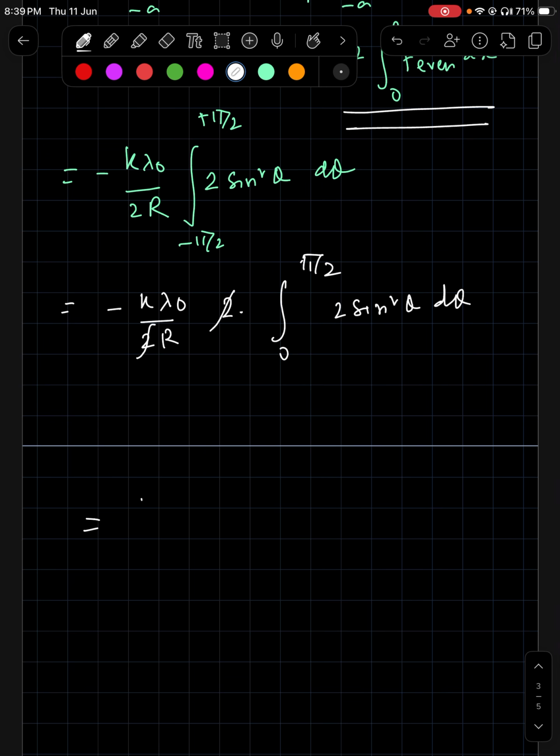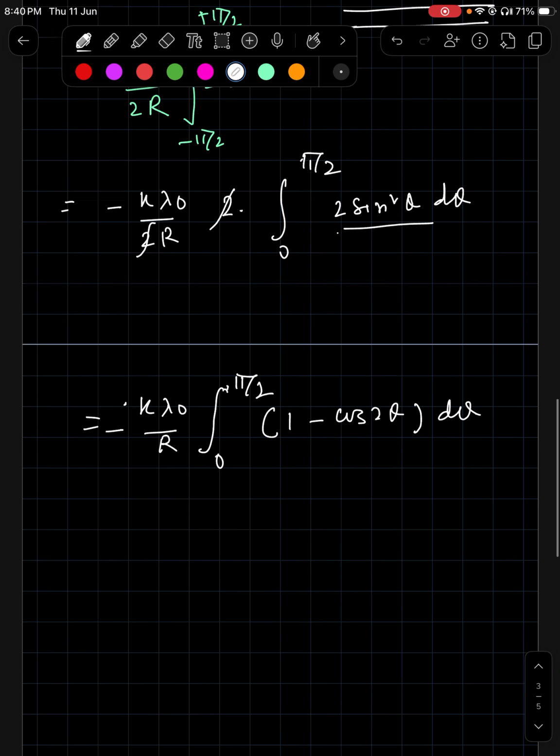So it becomes minus k lambda naught by r, and 2 sin square theta can be written as 1 minus cos 2 theta, d theta. Okay.